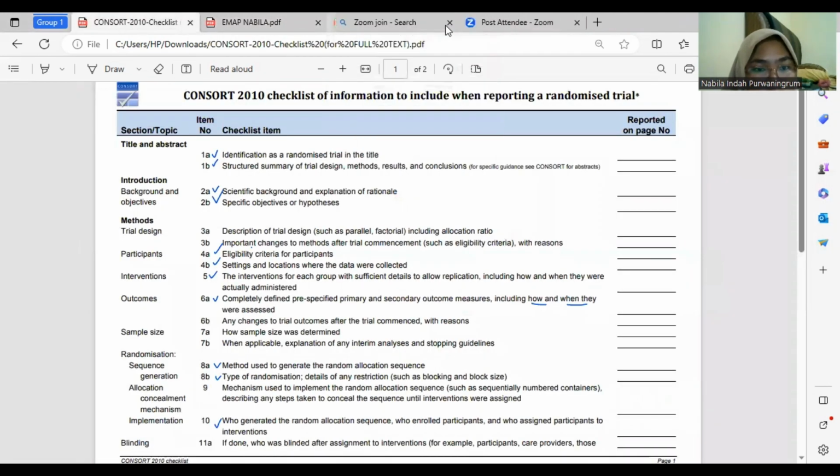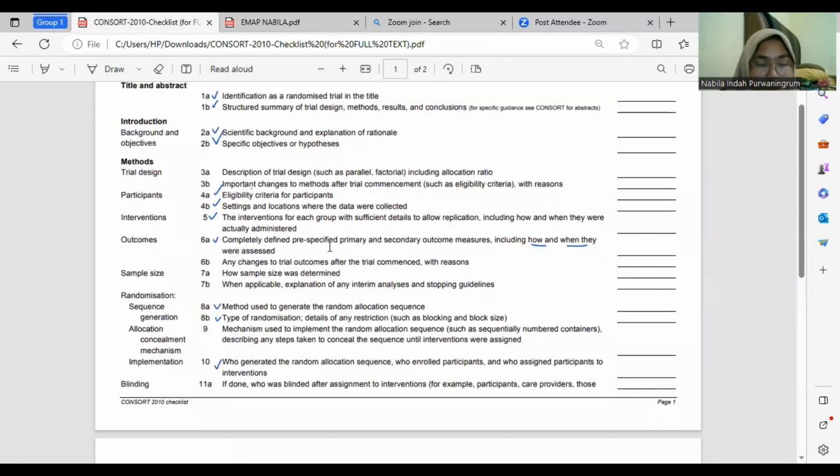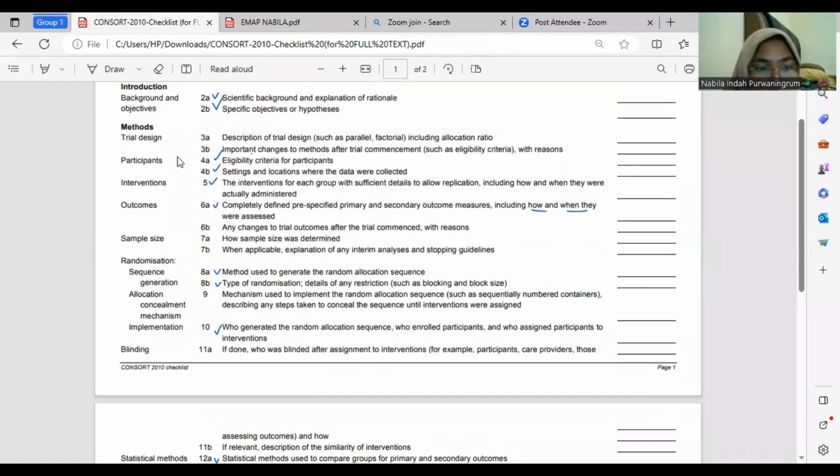Okay, next is our methods. The first is about trial design. Item 3a is the description of the trial design, such as parallel or factorial, including the allocation ratio.